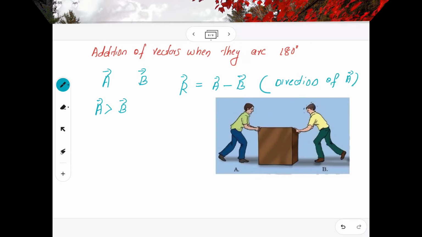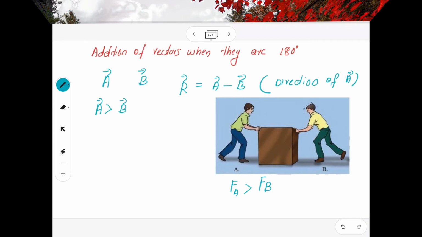Let us consider a situation like this. Here two boys are pushing a wooden block, and imagine the boy A has more force. Let it be FA. FA is greater than FB, where FB is the force exerted by the second boy.